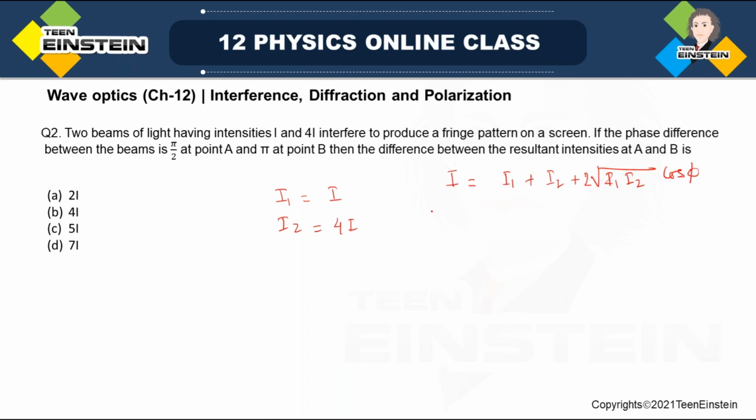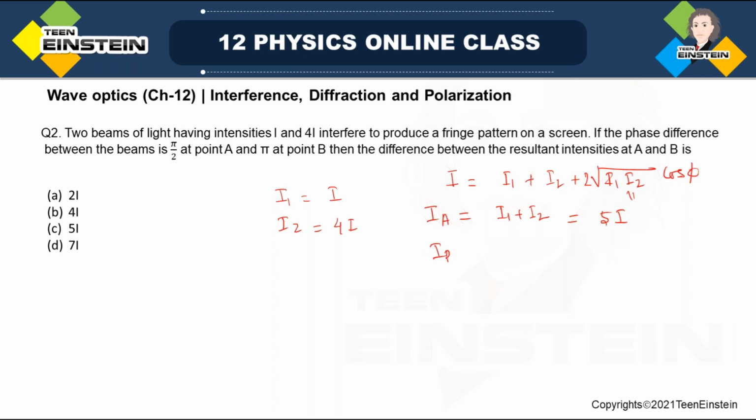So look at the intensity at point A, where the phase difference is pi by 2. Pi by 2 means this term will be 0. So I get I1 plus I2. I1 plus I2 means how much? It will be I plus 4I, so it will be 5I.